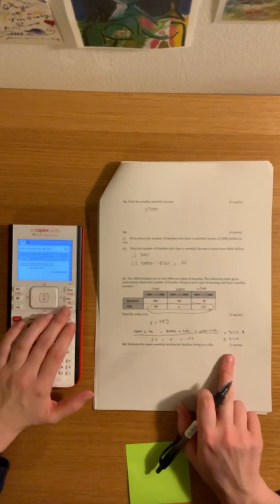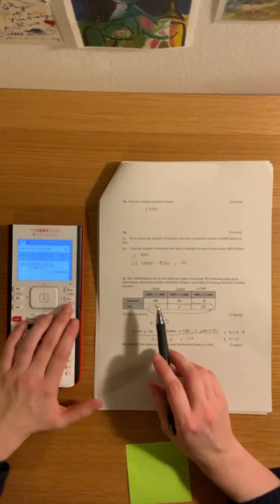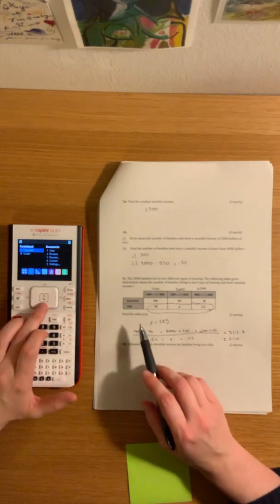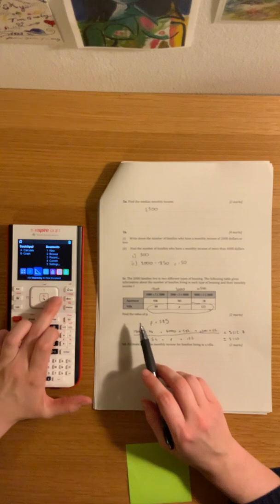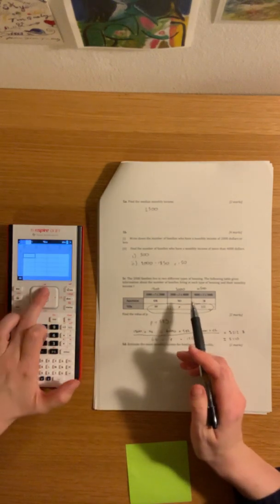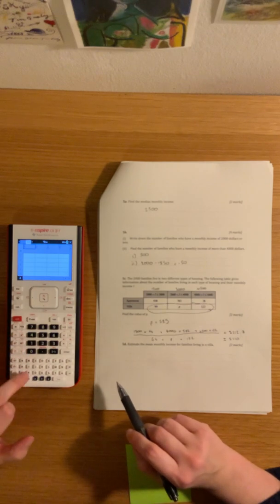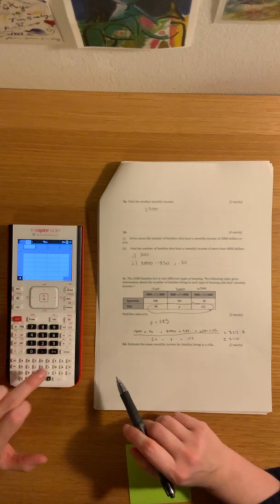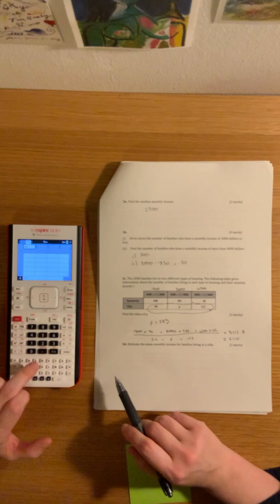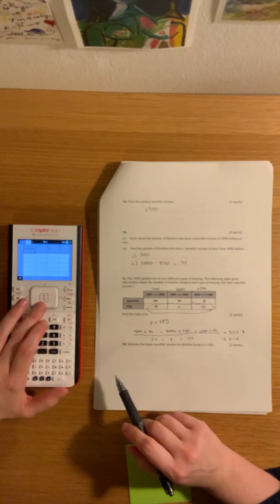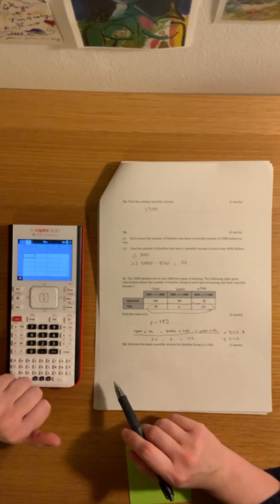Let me now show you how to do this on the calculator. So we go into the spreadsheet part because we want to kind of enter it as a table. Up here, I'm going to put maybe income. It's hard to type in when it's not like a QWERTY keyboard.